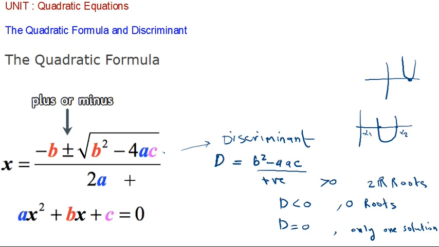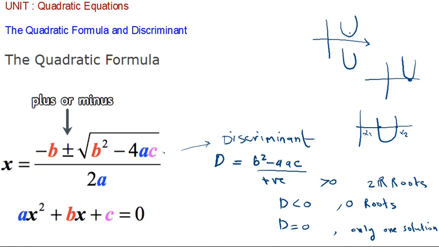But if there is no solution, when the discriminant is a negative number, the parabola is either over or under the x-axis, but neither touches nor intersects it.